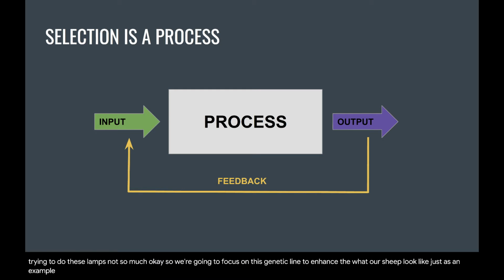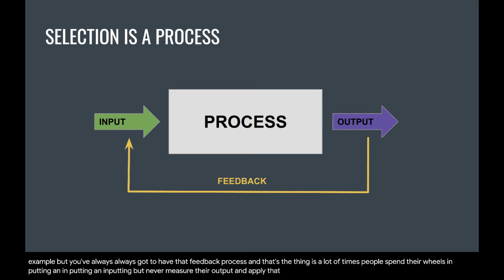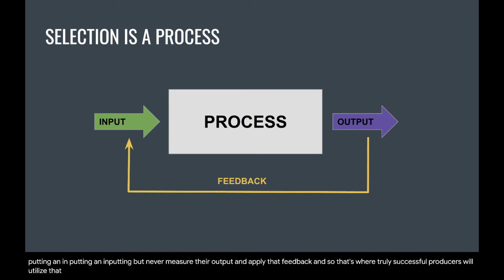But you've always got to have that feedback process. And a lot of times people spin their wheels inputting and inputting and inputting, but never measure their output and apply that feedback. That's where truly successful producers will utilize that feedback mechanism and make some decisions based upon that.